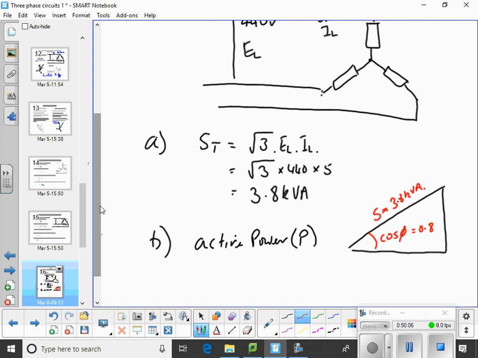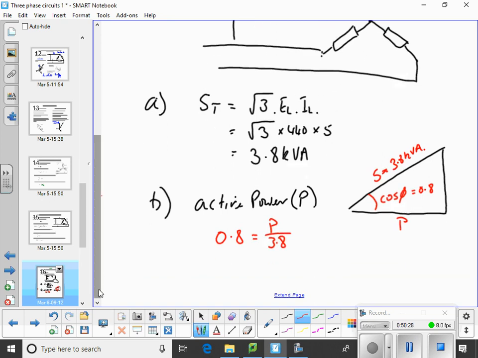So cosine 0.8 is equal to P over S, P is the adjacent side. Therefore, P is equal to 3.8 times 0.8.